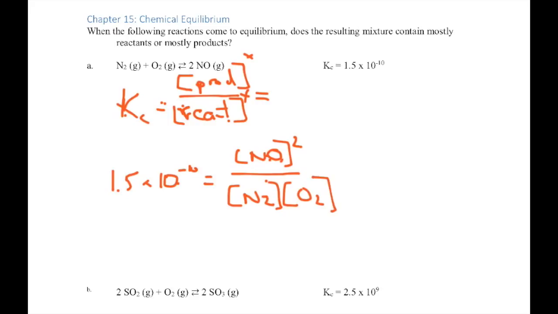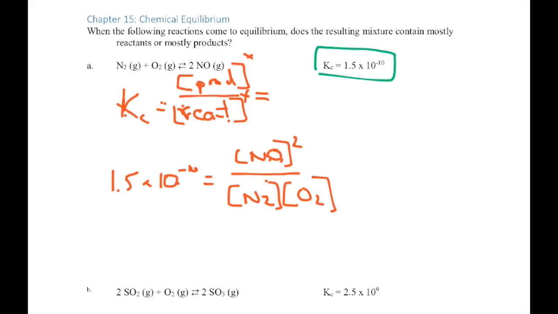Okay, and so when we build this fraction, we have to ask ourselves, what is the Kc? Is the Kc very large, or is the Kc very small? So looking at this quantity here, we note that it is 10 to the negative 10th.